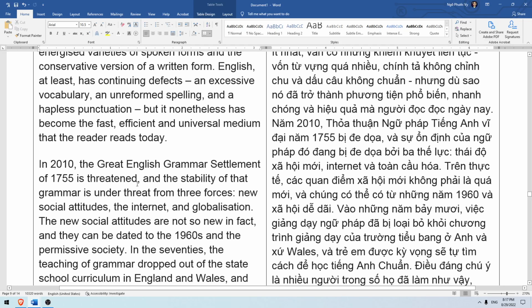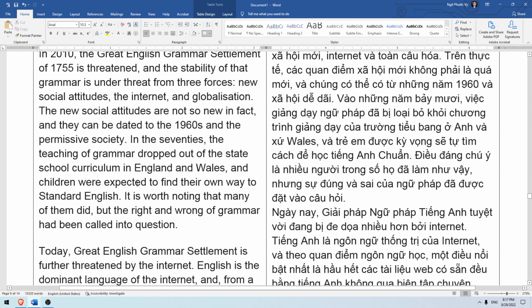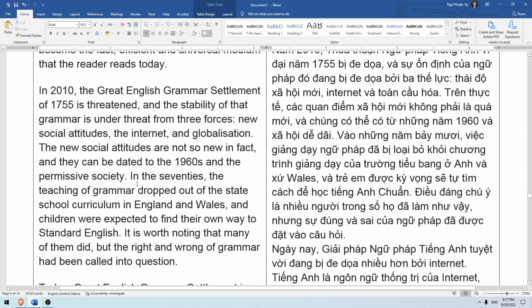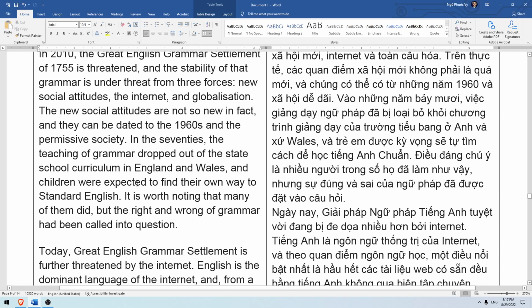English, at least, has continuing defects, an excessive vocabulary, unreformed spelling, and hapless punctuation, but it nonetheless has become the fast, efficient, and universal medium that the reader reads today. In 2010, the Great English Grammar Settlement of 1755 is threatened, and the stability of that grammar is under threat from three forces: new social attitudes, the internet, and globalization.